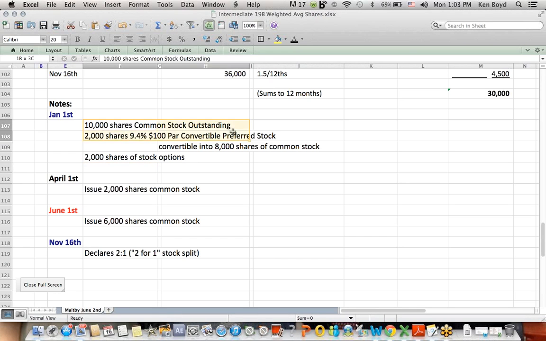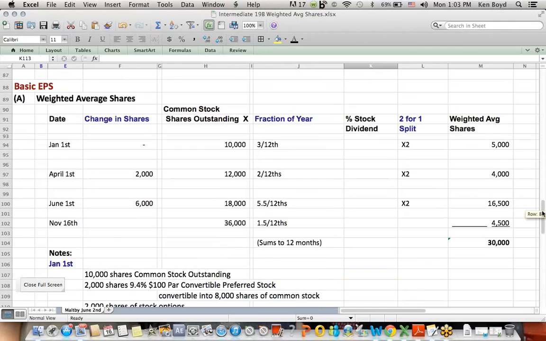So in addition to the 10,000 shares already outstanding, we've got another 8,000 that could be converted from preferred stock and another 2,000 from stock options, but for basic earnings per share, assuming no dilution, we just count the 10,000.